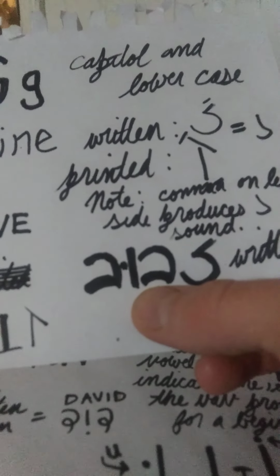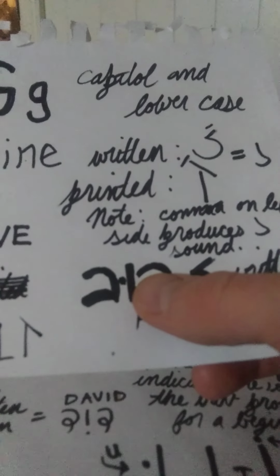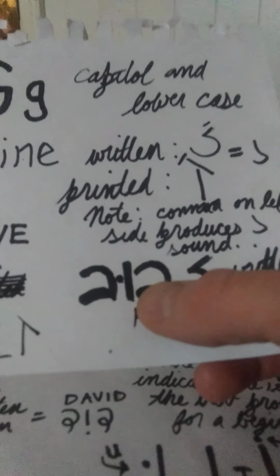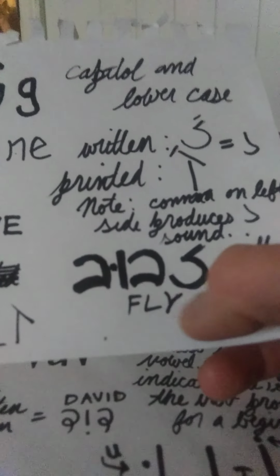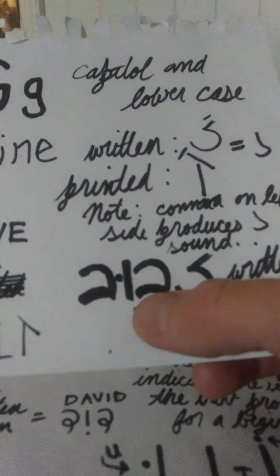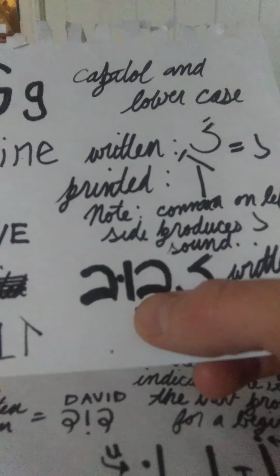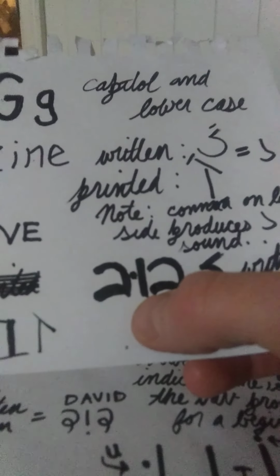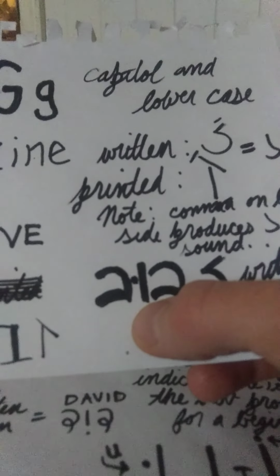See, this is bet, except it doesn't have the dot in the middle of it right here, so it's vet. So Zayin, vet with the V. Zayin, vet. And we learned this the last lesson.